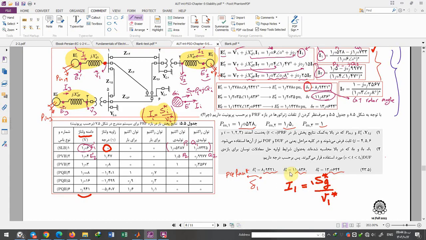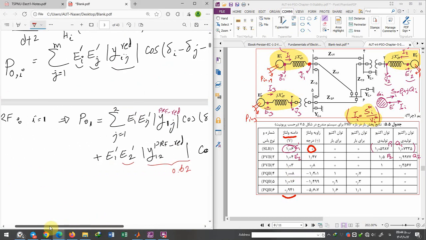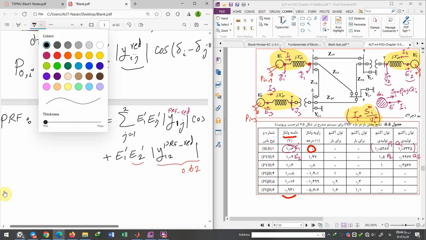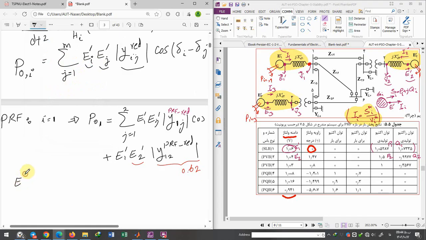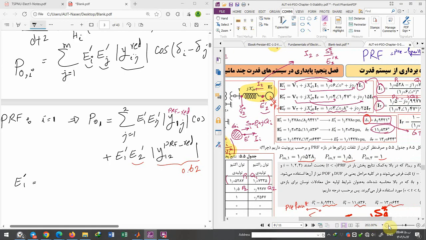So we have to use E1 for this example as here. E prime 1, as we used in the main course, is equal to V1 plus jXd1 prime I1.